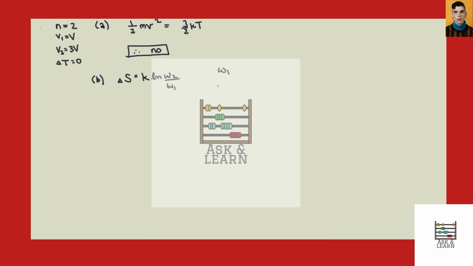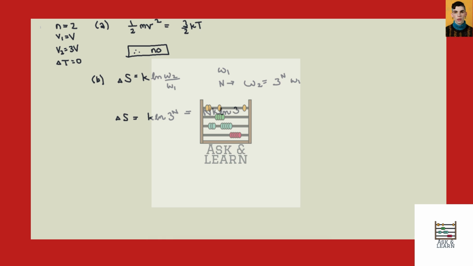But because we have N total molecules, this means that omega 2 is equal to 3^N omega 1. So let's plug this back into our equation, and we'll get delta S is equal to k ln 3^N, which is equal to N k ln of 3.